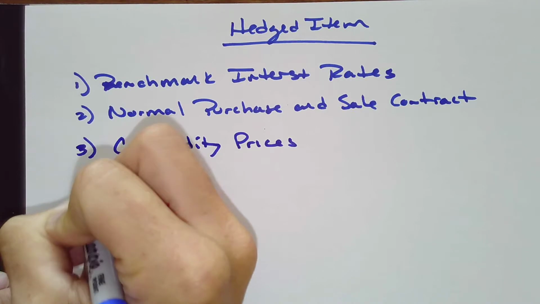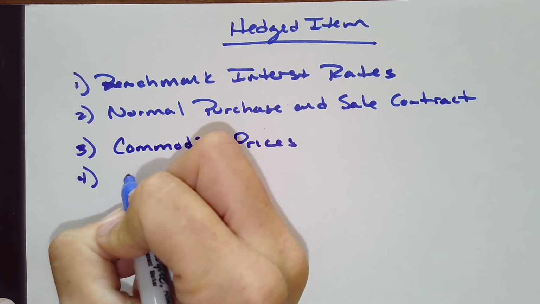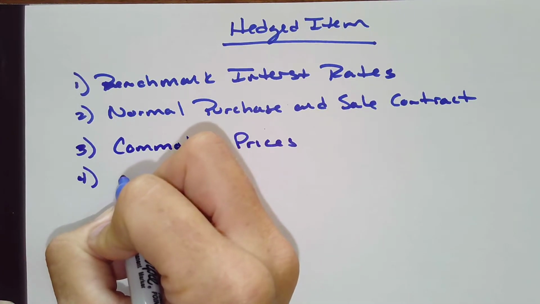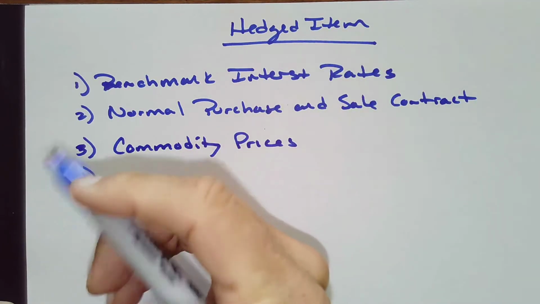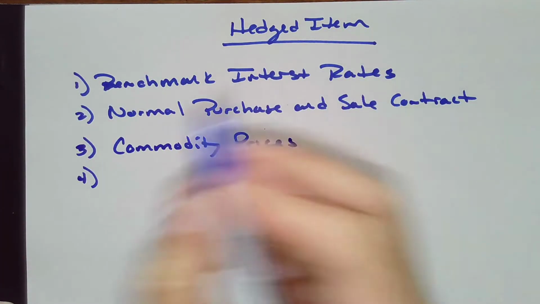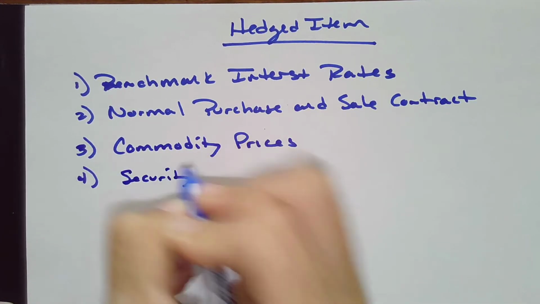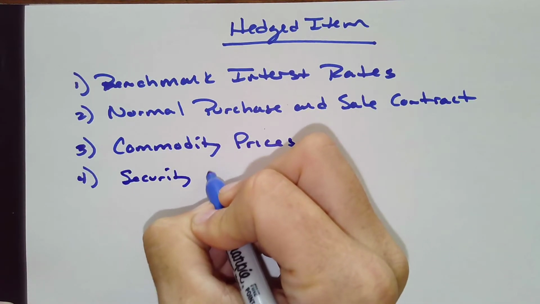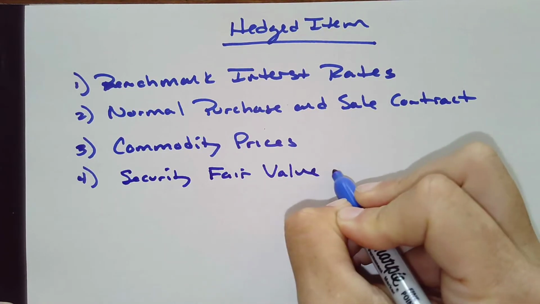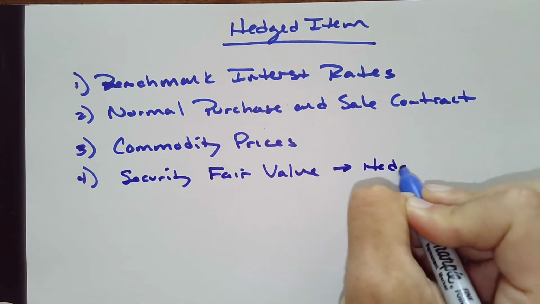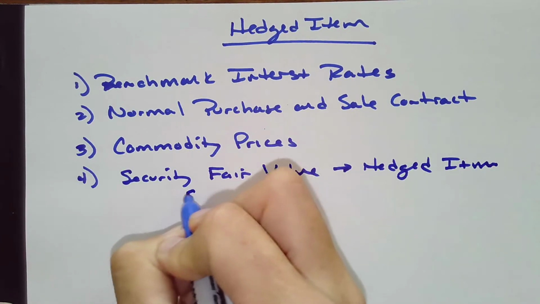If you end up having a security that is based off of some kind of price out there, you can use a security, and the security fair value specifically. That could also be the hedged item, and we're looking at the security price.